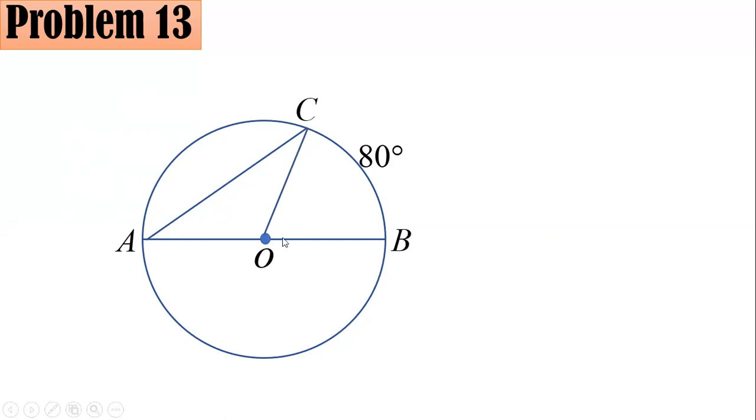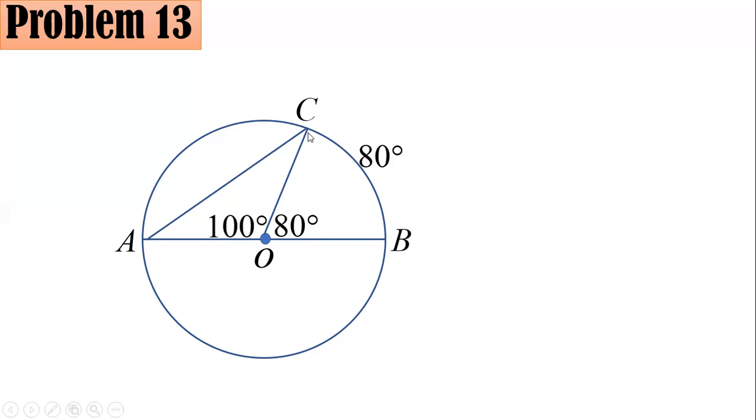And angle COB is a central angle. And it is a known fact that the measure of the central angle here is actually equal to the measure of its intercepted arc. That's why this has to be 80 degrees. Now, since it is 80 degrees, what's the measure of angle AOC?